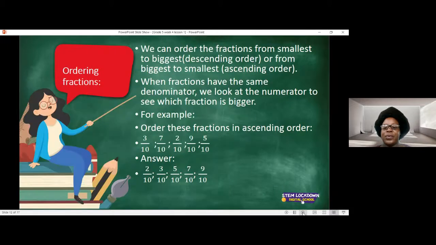And then we come to the last one, ordering fractions. We can order fractions from smallest to biggest, that is ascending order, or from biggest to smallest, which is descending order.